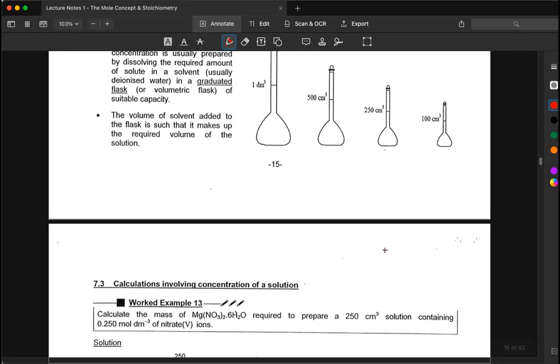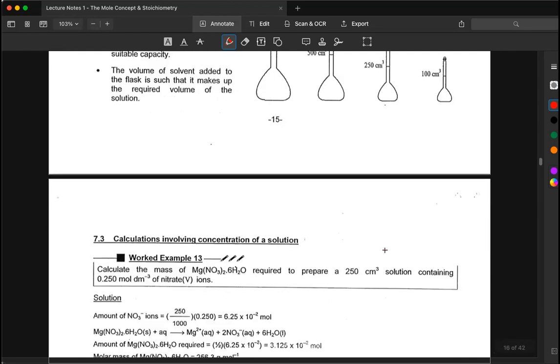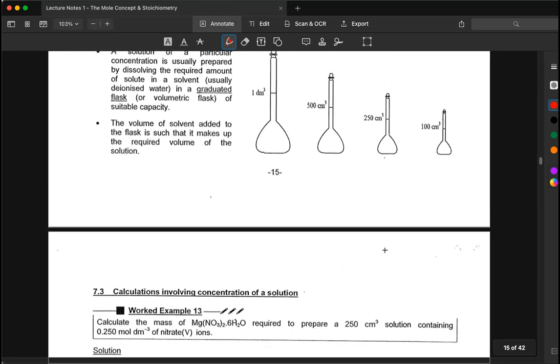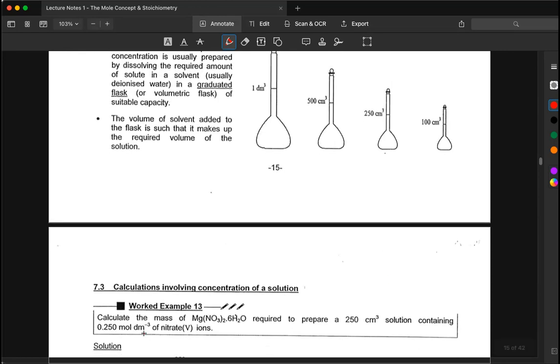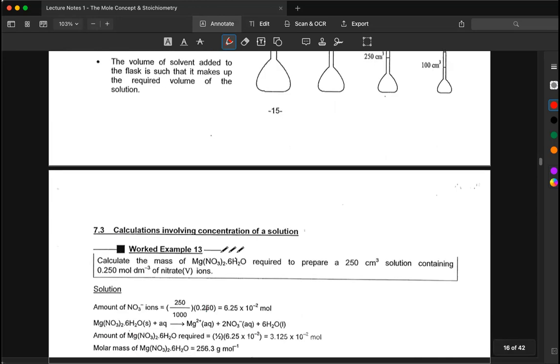Calculate the mass of hydrated magnesium nitrate required to prepare 250 cm³ of solution containing 0.25 mole per dm³ of nitrate ions. In order to calculate this, they already mentioned the concentration of the nitrate ion. So you multiply by the volume to give you the moles of nitrate ion first.